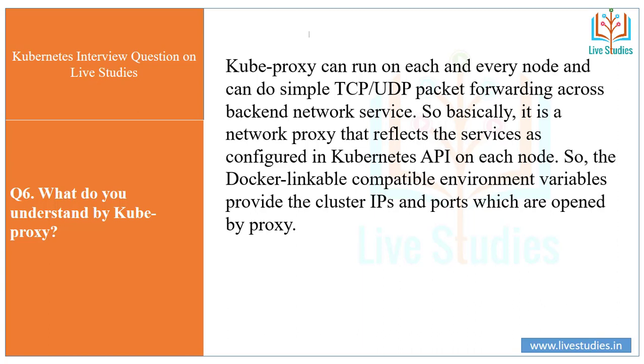Basically it is a network proxy that reflects the services as configured in the Kubernetes API on each node. The Docker-linkable compatible environment variables provide the cluster IP and port which are opened by the proxy.